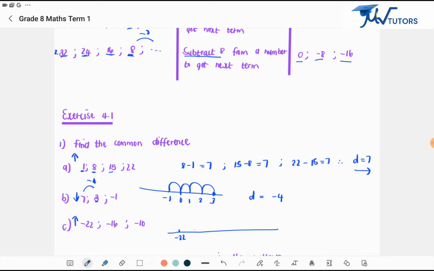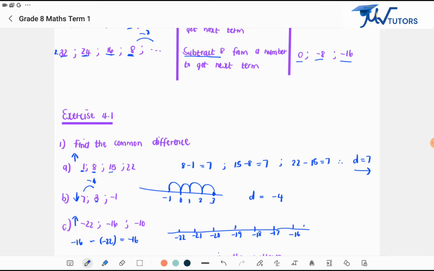So I have negative 22, negative 21, negative 20, negative 19, negative 18, negative 17, negative 16. Otherwise, in my calculator, I could have said negative 16 minus negative 22.